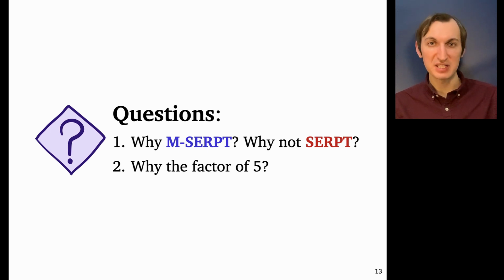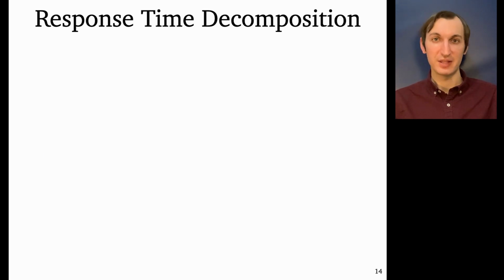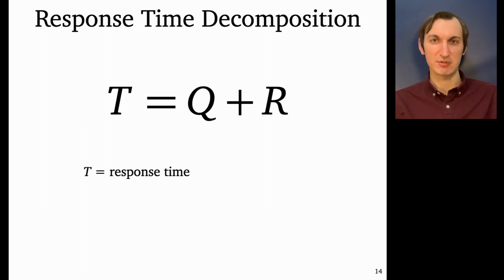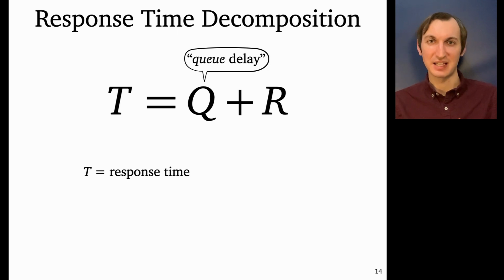And to answer both of these questions, we're going to use a response time decomposition that's been used to analyze many scheduling policies over the past several decades. It's very simple. It breaks up response time into two pieces, T equals Q plus R. So remember that T is response time. Q we can think of as queue-based delay. So if I'm a job, my queue-based delay is the delay due to jobs that I see in the queue when I first enter the system.